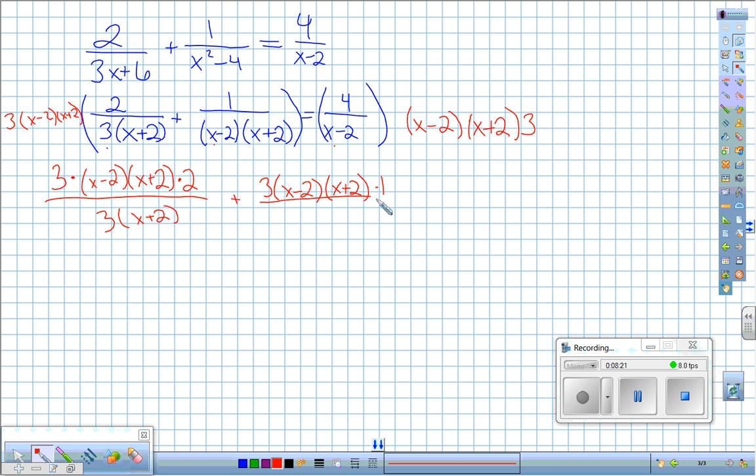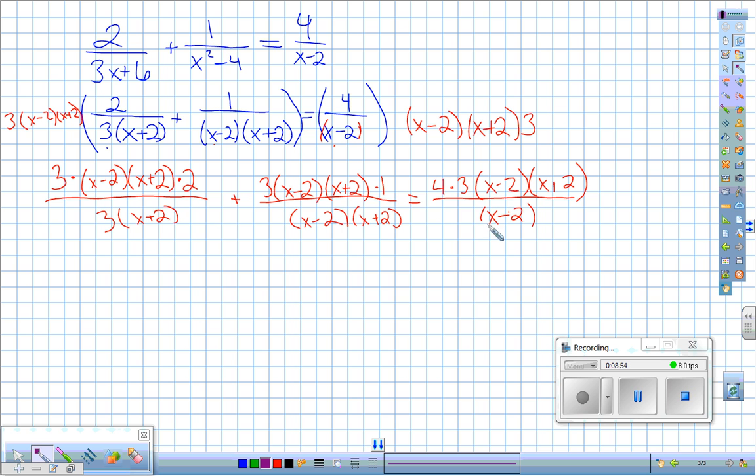It's not going to change anything. And that will be over x minus 2, x plus 2. And that will be equal to 4 times 3 times x minus 2, x plus 2 over x minus 2. I like to write these in parentheses even though I didn't do it up here. And I like to do that just so that I realize that it's multiplication of stuff.